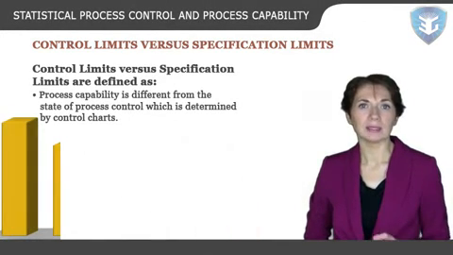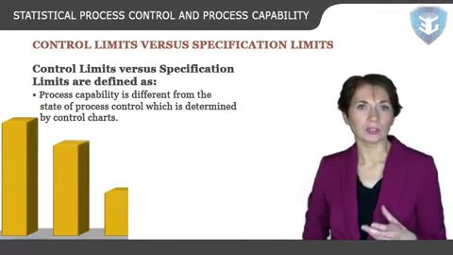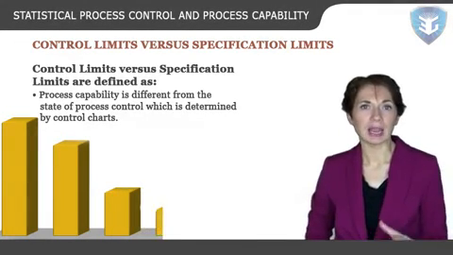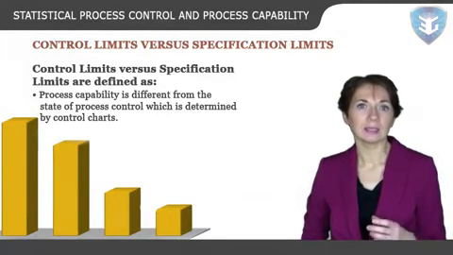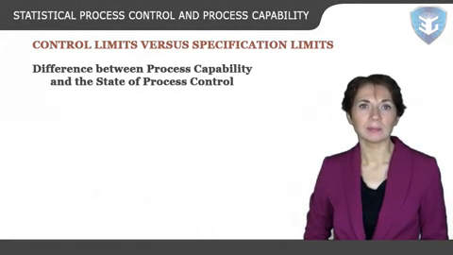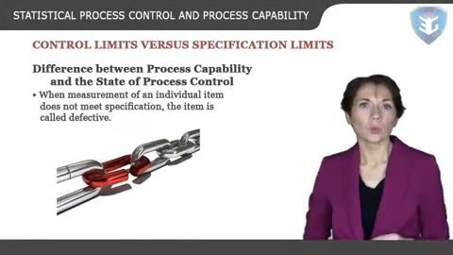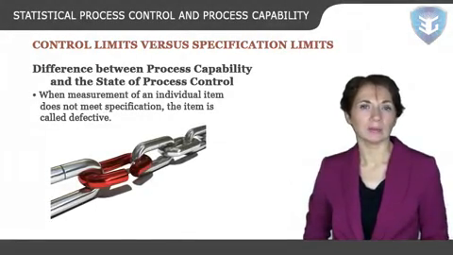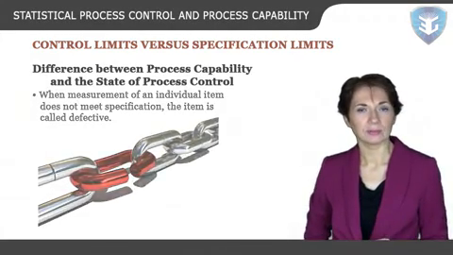Process capability is different from the state of process control, which is determined by control charts and based on the average performances of subgroups against statistically computed control limits. Difference between process capability and the state of process control. When measurement of an individual item does not meet specification, the item is called defective.